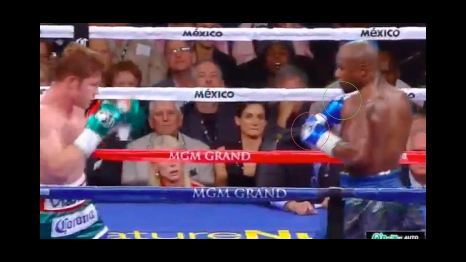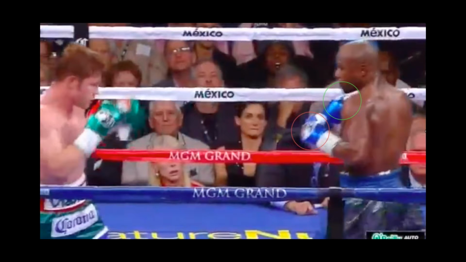Still, there is a purpose behind this, in that he's possibly inviting the right hand response from Canelo for a counterpunch. This is pretty advanced and not something that a novice boxer like Brian Sutherland should be attempting to do. Instead, they should just be learning to throw a technically correct jab.